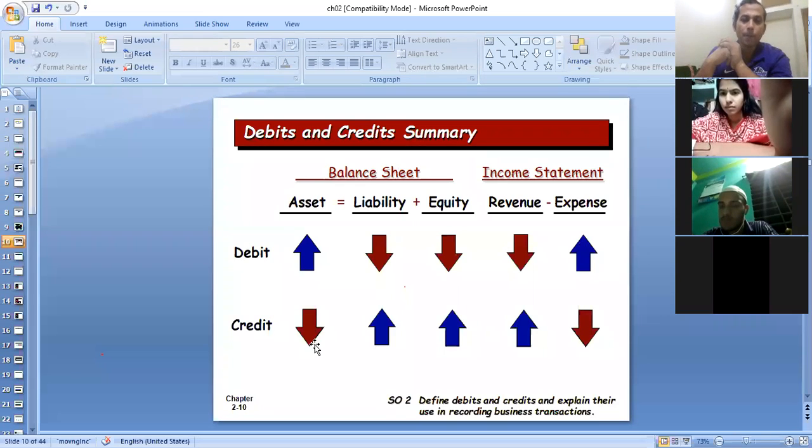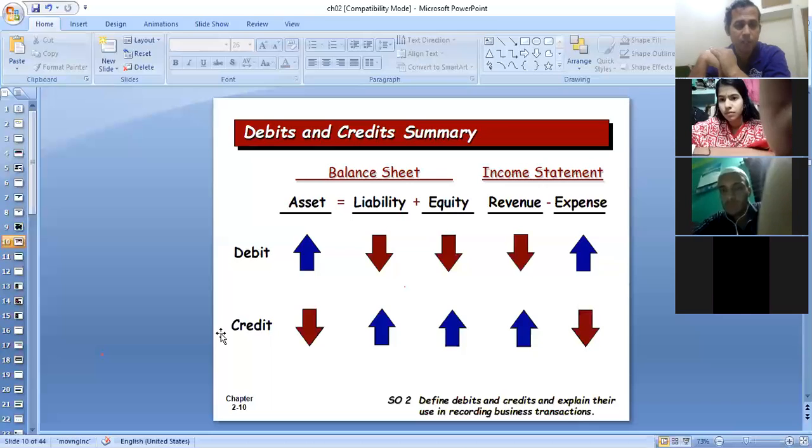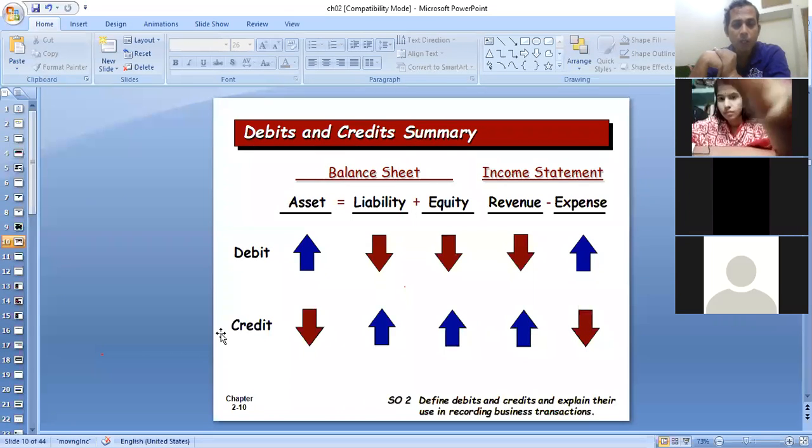So now I have developed a formula. This formula works everywhere. There are 10 rules, but you can use two formulas instead of memorizing all those ups and downs, plus and minus, debit and credit. The formula is very simple.